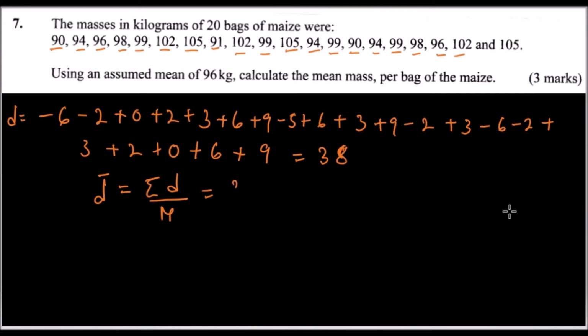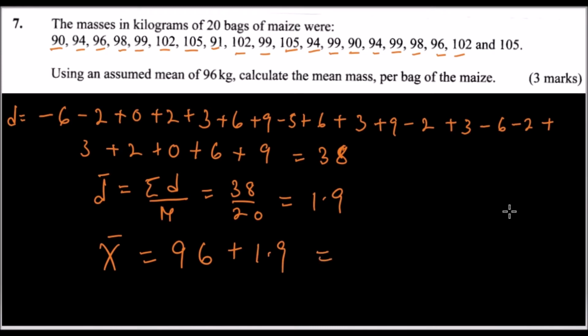The mean is 38 divided by 20, and if you divide, you get 1.9, meaning that the mean of the data is, now we take the assumed mean and add 1.9, and this gives you 97.9, and that is the mean. So that's how you work it out.